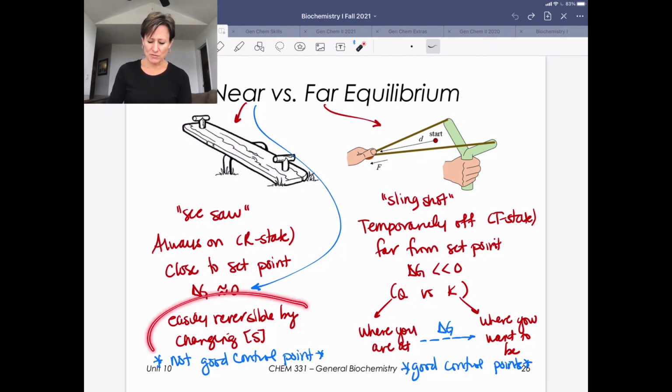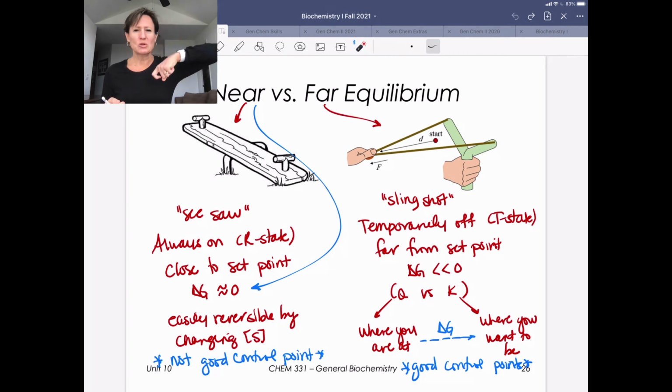It's easily reversible by changing the concentration of metabolites. Thinking about our water flow analogy, this is not a spigot that you can turn on or off. You're going to have flow of water through that enzyme depending on which way you are heavy. So it's not a good way to control flux through that pathway.